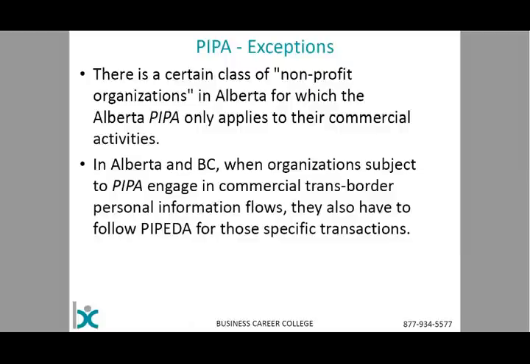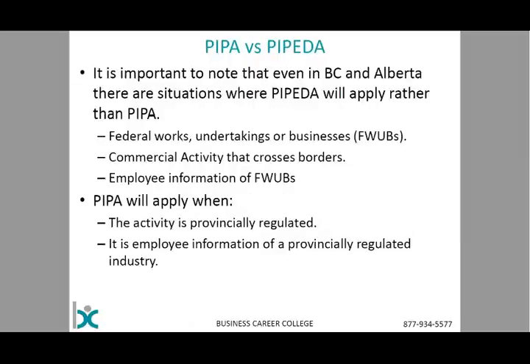Building on these two exceptions, there's a third major exception that we're going to look at. It's important to recognize that even some industries in BC and Alberta are not subject to PIPA. The reason for that is because of the type of work that they do.